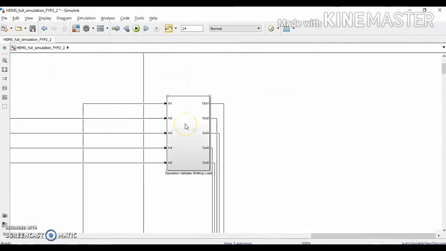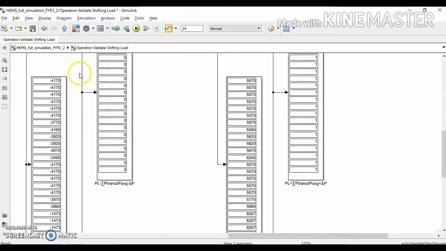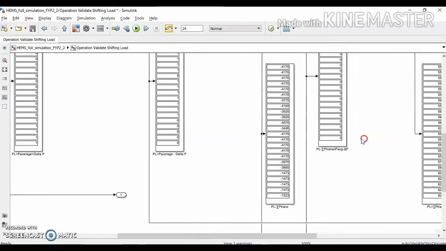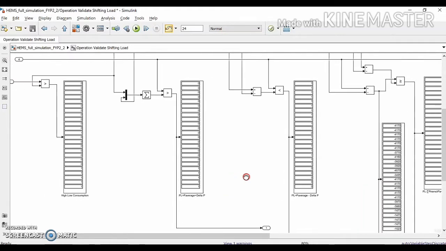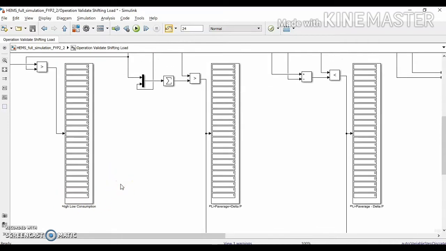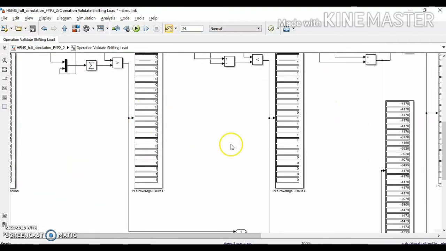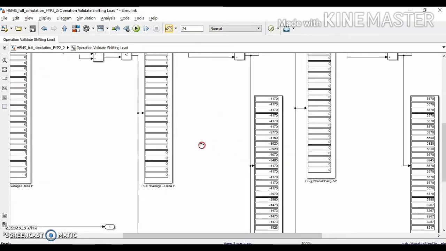We go to the next block, which is the operation to validate the shifting load. I have done some validation about high or low consumption, whether the power load is low or high consumption, meaning whether it is higher than the maximum or minimum variations. This is the validation program.